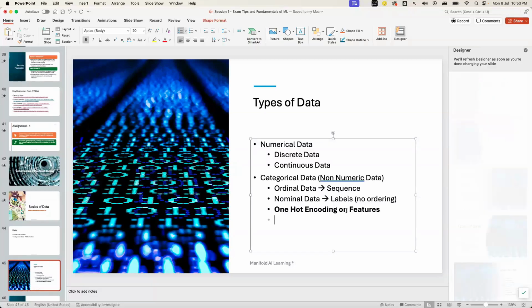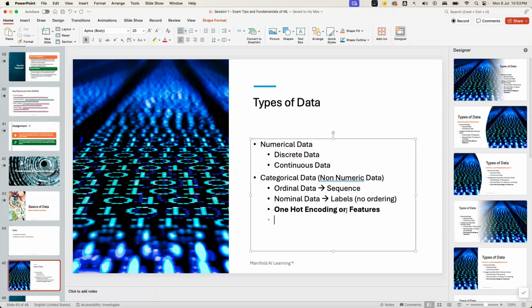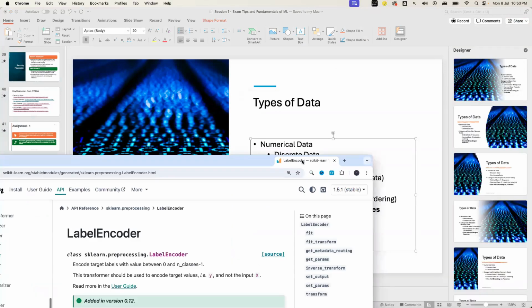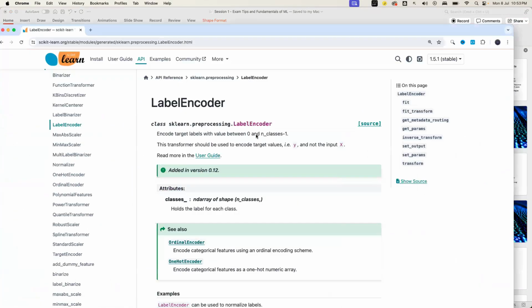Now, if I'm dealing with ordinal data, and let's say I have such ordinal data in the target column, then I'll be making use of a technique called label encoder. As I mentioned, we'll be showing you the demo in the next session.